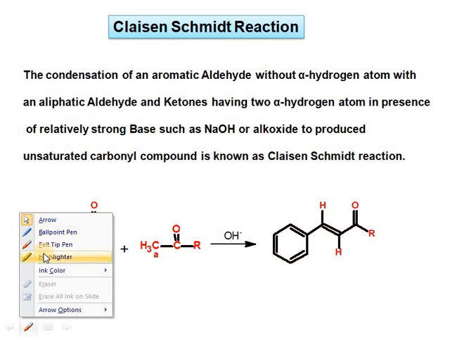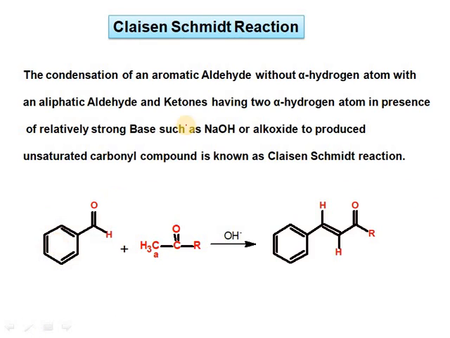In the previous lectures we saw condensations carried out without alpha hydrogen atoms, but in the Claisen-Schmidt reaction one of the molecules contains no alpha hydrogen atoms and the other molecule has two alpha hydrogen atoms, in the presence of strong base like NaOH or alkoxide, to produce the unsaturated carbonyl compound.